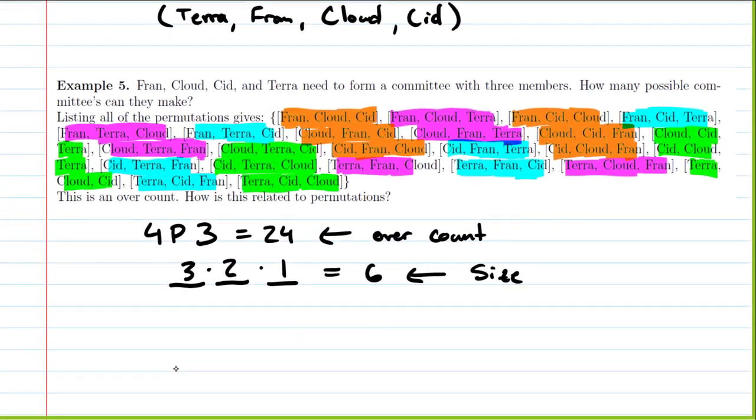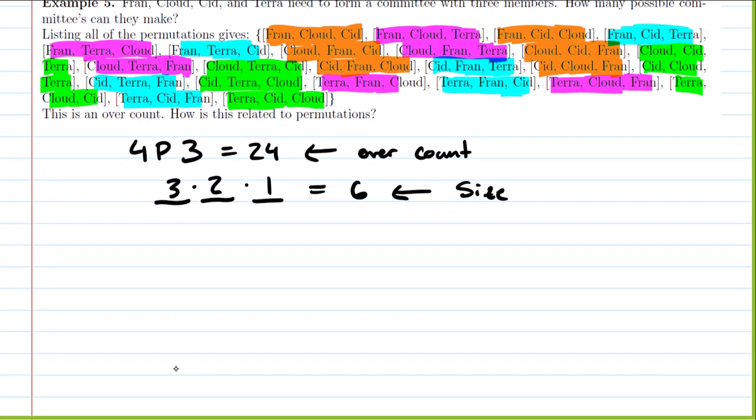So then to fix our 24 as an overcount, well, how many committees could we make? Well, how many colors did we have? 4, which is 24 divided by 6 gives us 4.